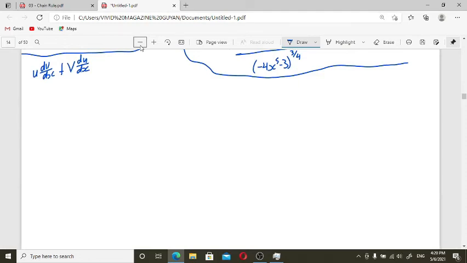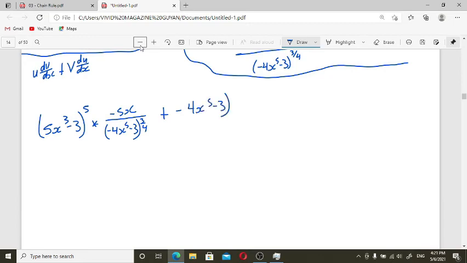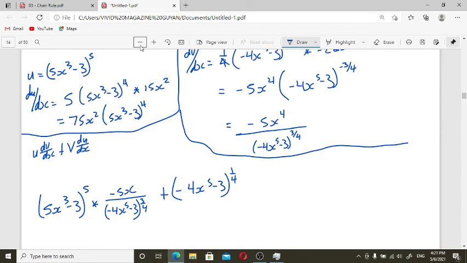So u is the 5x cubed minus 3 raised to the 5th times minus 5x to the 4th all divided by minus 4x to the 5th minus 3 to the 3 over 4, plus, this is where things start getting really complicated, minus 4x to the 5th minus 3 raised to the quarter times du dx, which is 75x squared of 5x cubed minus 3 to the 4th.